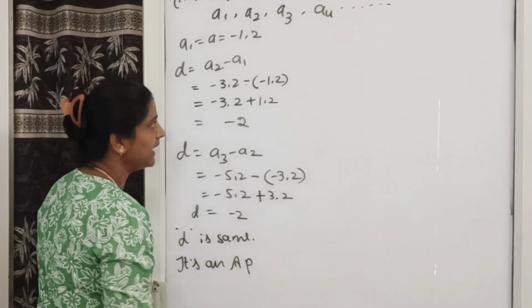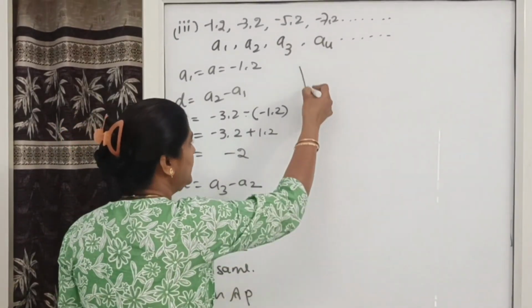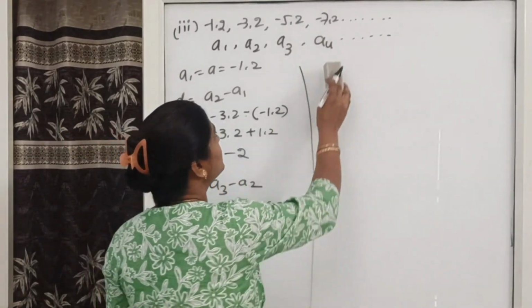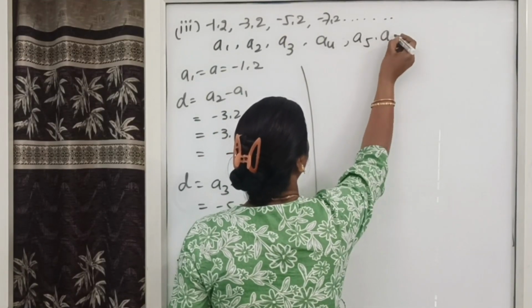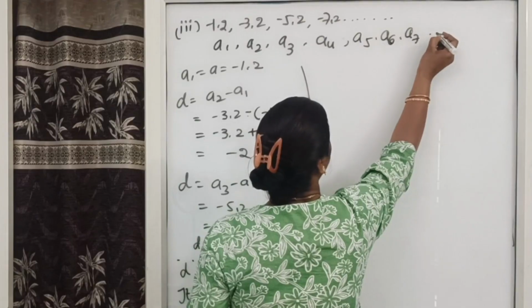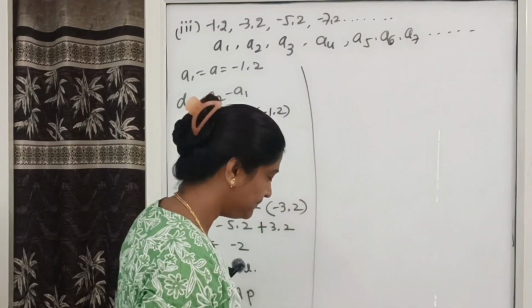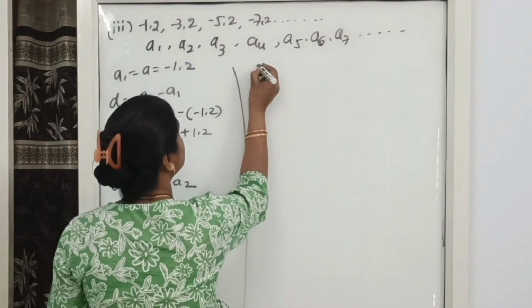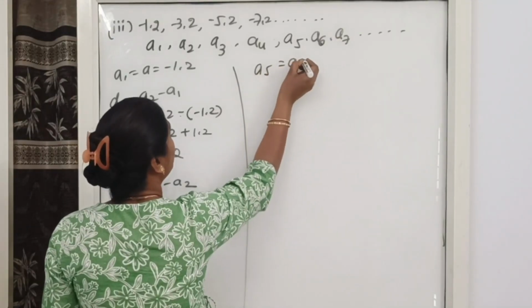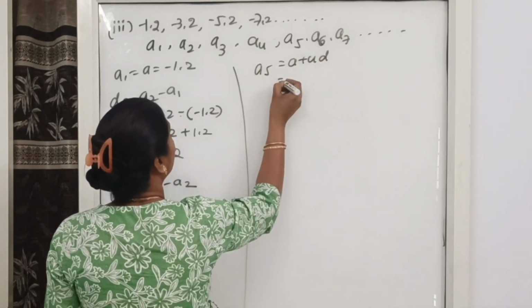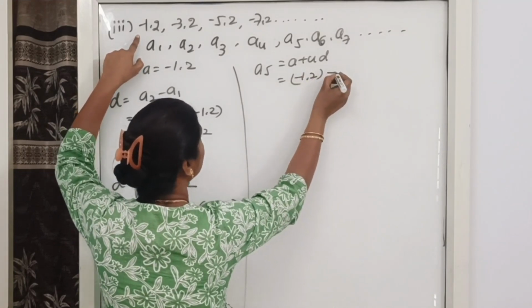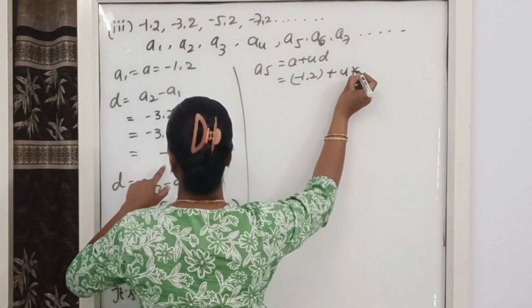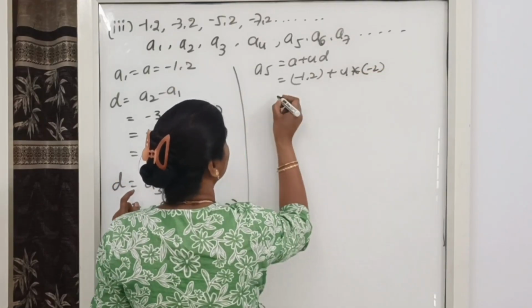So if it is an AP, we need to find the next 3 terms, that is A5, A6, A7. So what is A5? A plus 4D. What is A? Minus 1 by 2 plus 4 into D, which is minus 2.